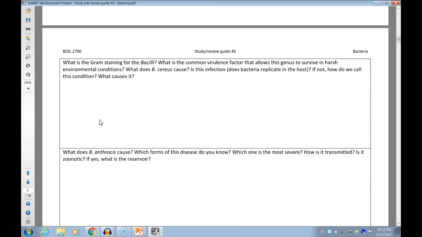I'm skipping any gram staining issues. You can find it there. Virulence factor that allows it to survive, if you see harsh environmental conditions, that's what? Endospore, period. Bacillus cereus, food poisoning. Is this infection?